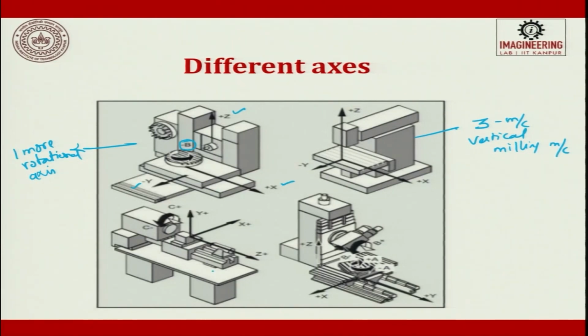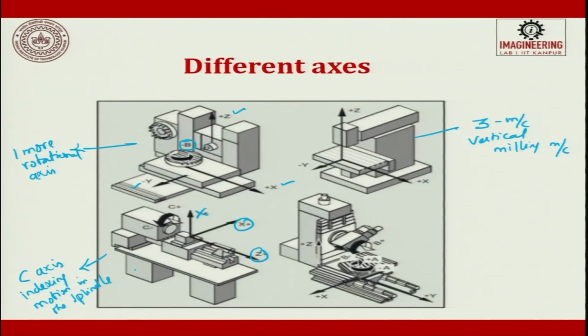So, now these are milling machines, let us try to go for a turning machine. In a turning machine, I have x axis, z axis, I will not use y axis. I also have here one more axis, which is c axis. This c axis is going to give me an indexing motion in the spindle.